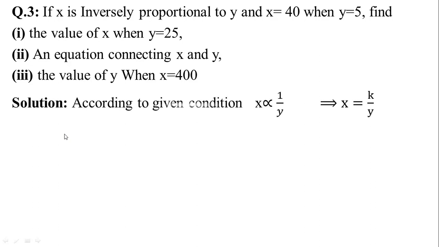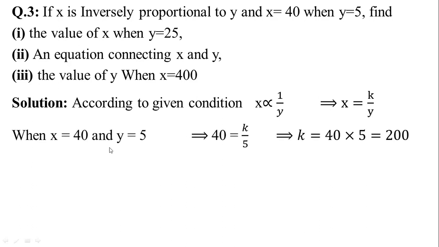According to the given condition, x is inversely proportional to y. X is proportional to 1 upon y. Inversely proportional means 1 upon the other quantity. Remove the proportionality sign. This implies that x is equal to k upon y. Now find the value of k.